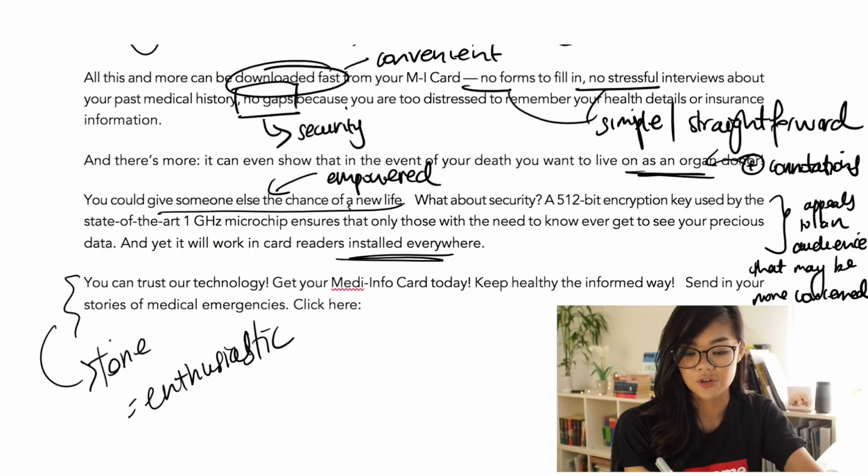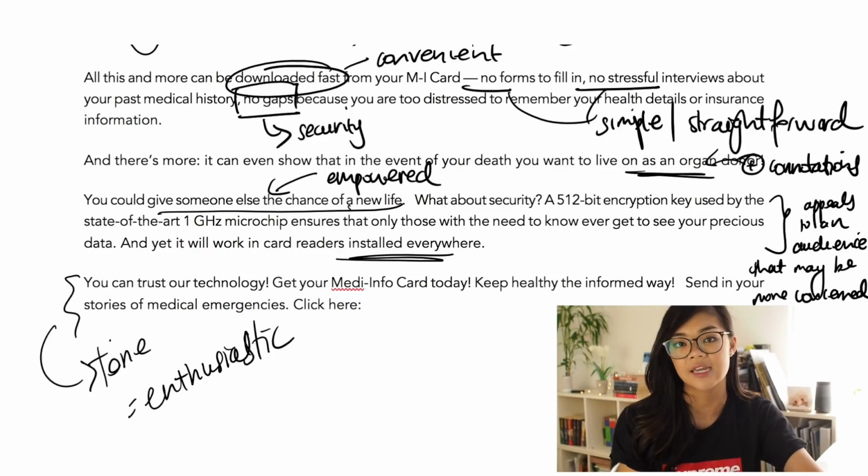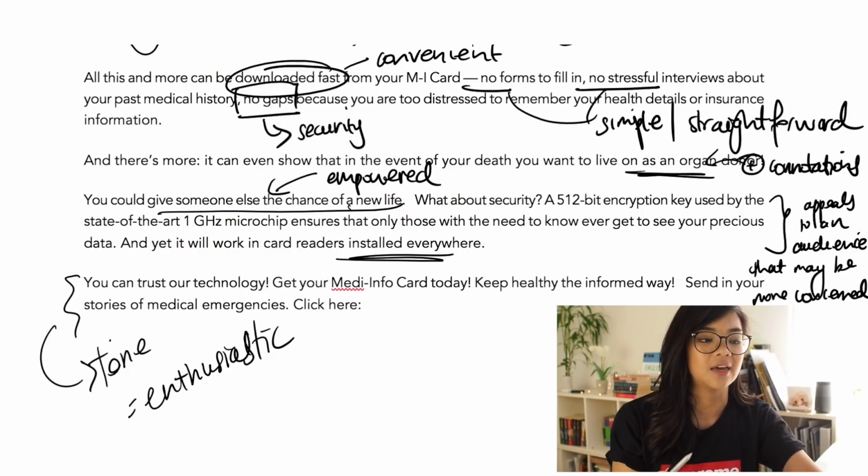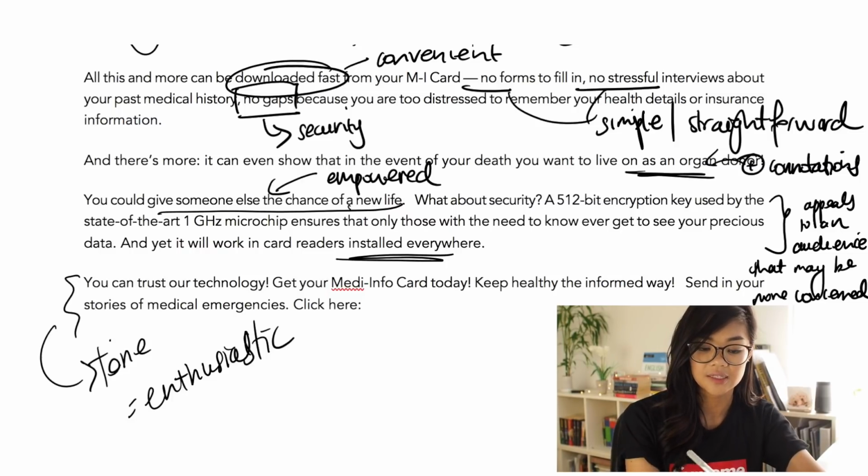No forms, no stressful interviews. So these two together will eliminate any of your negative experiences that you've previously had working with, you know, health professionals or the health sector. And so there's this idea of this simple, straightforward approach, and this idea that there are no gaps either.